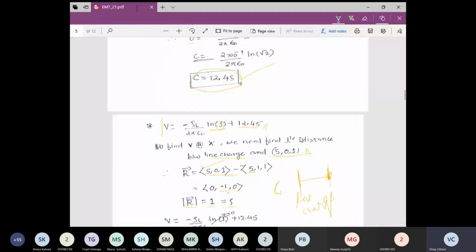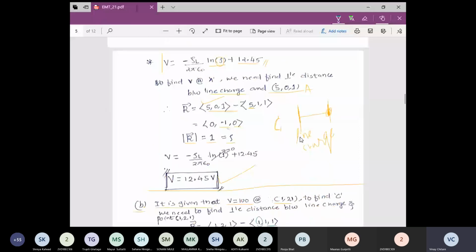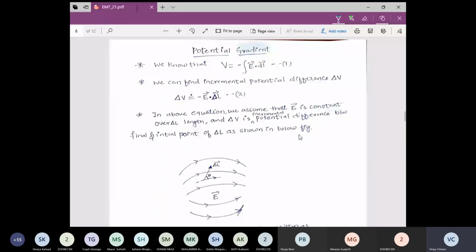So with this, let us now begin a new topic called potential gradient. In this topic, we'll try to derive the relationship between V and E. That is, given a potential field, how we can find the E field.